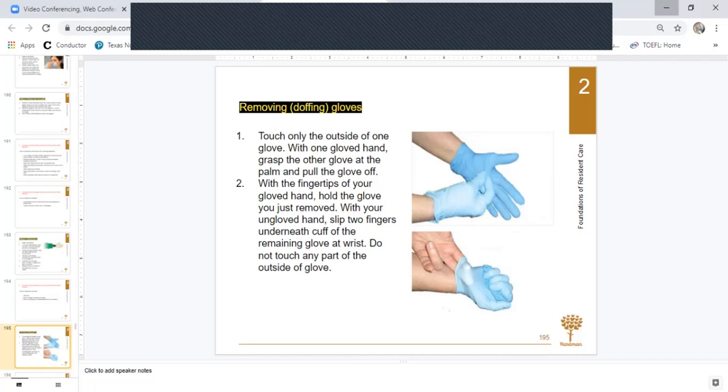And then airborne precautions, which require your gloves, your gown, and normally a face shield. Right now we're wearing a mask too. You do need a surgical mask for droplet, and for airborne you need your N95, your gloves, and your gown.